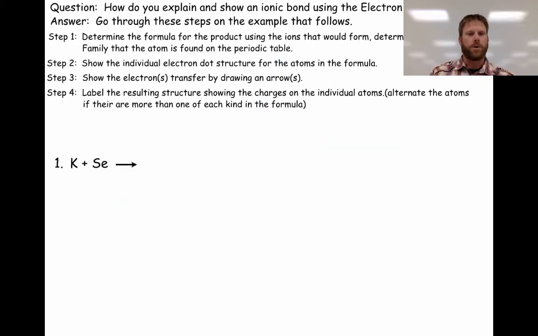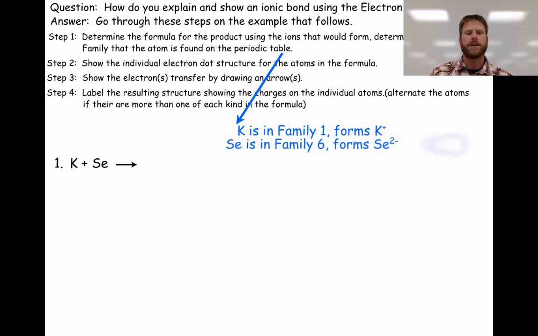Let's try it for potassium and selenium. Well, potassium is in family number 1, so it forms a +1 charged ion. Selenium is in family 6, so it forms a -2 charged ion. So the formula for our product will be K2Se.